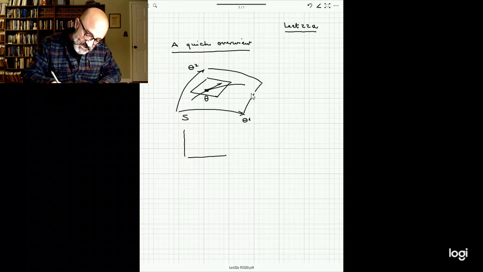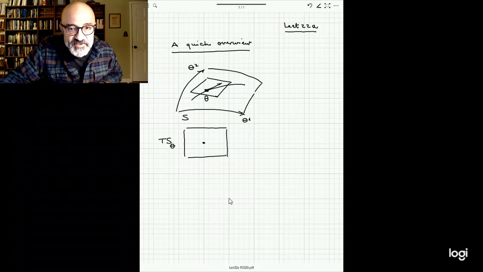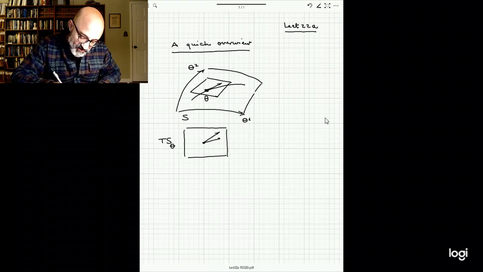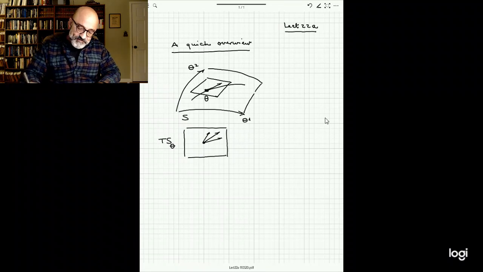If this is the point of tangency, you have a vector there, and of course for any other curve you're going to have different vectors.